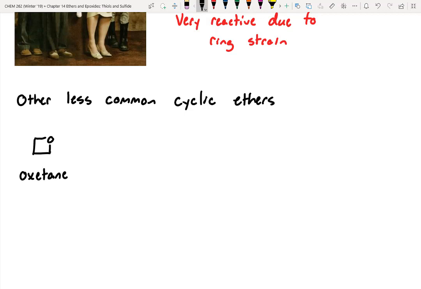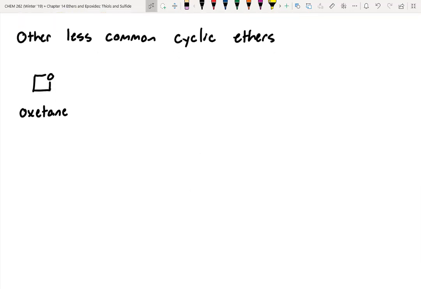These are a lot less reactive than epoxides because now we've adjusted the angle from 60 degrees to about 90 degrees. And then we've got ones that are like THF. The parent subclass for THF are called oxolanes. And you can keep on going bigger and bigger and bigger.